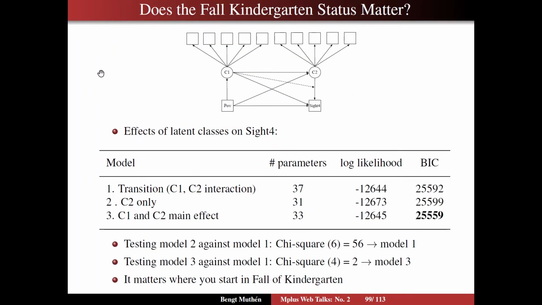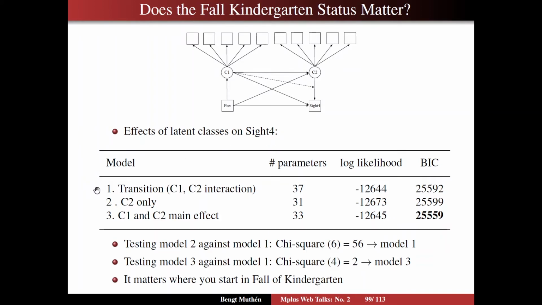Finally, then, in this part of the talk, we can ask the question, does the fall kindergarten status matter? Or is it only where you end up in kindergarten that's important for how you do on the site item at the end of first grade? So we can take a look at modeling the effects of latent classes on site 4 here.